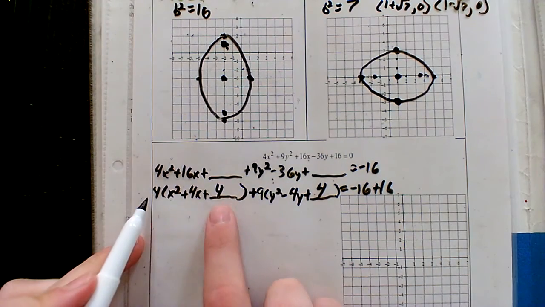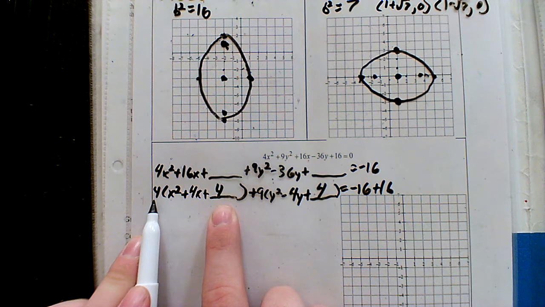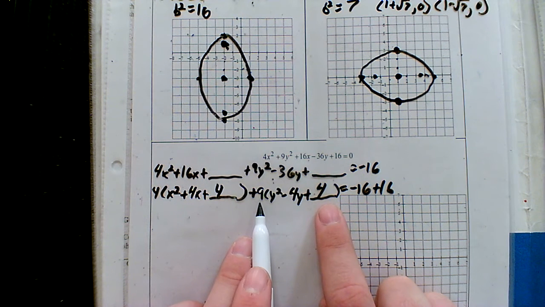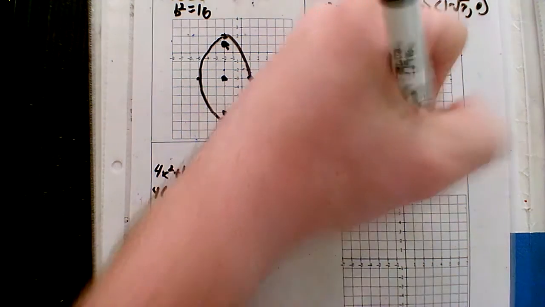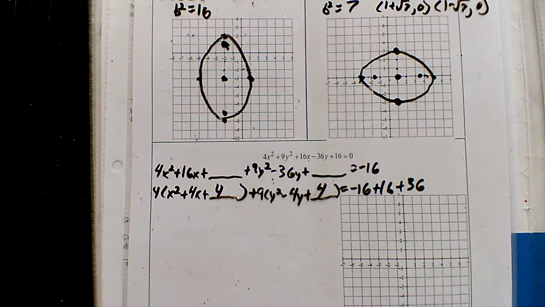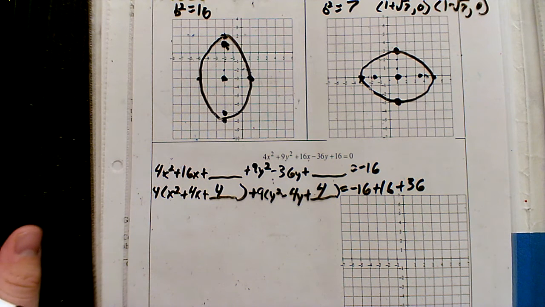Because technically we've added a 16 over here because it's being multiplied. What did we add with the y values? We didn't add a 4, we added a what? We added 36 because 4 times 9 is 36. Very good. Now we can start to factor and try to make it look like the equation of an ellipse.